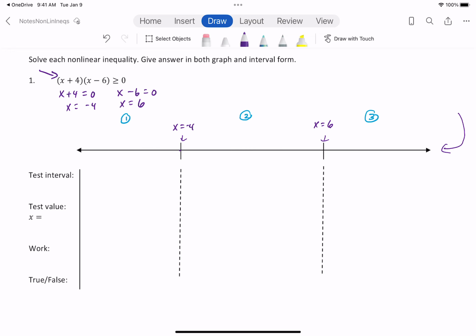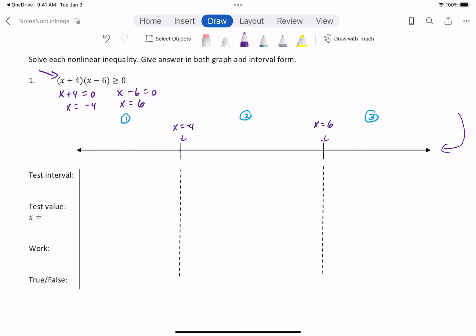So we want to know if the numbers in region 1 make the inequality true, if the numbers in region 2 make the inequality true, and if the numbers in region 3 make the inequality true. So you've probably done this before with linear equations, linear inequalities. Anytime we want to know if something is a solution, then we plug it into the given equation or inequality and see if it's true or not.